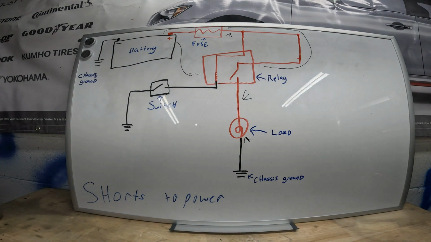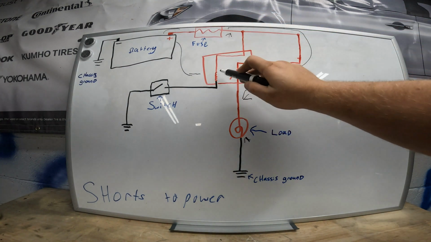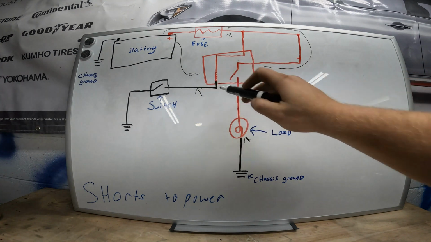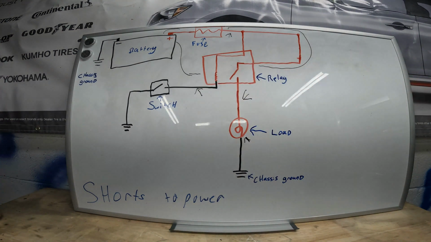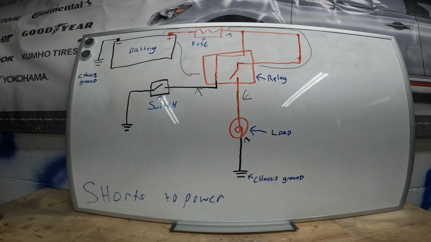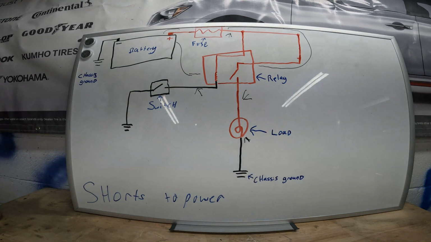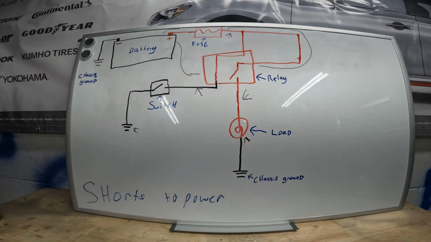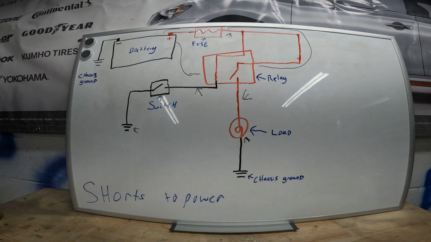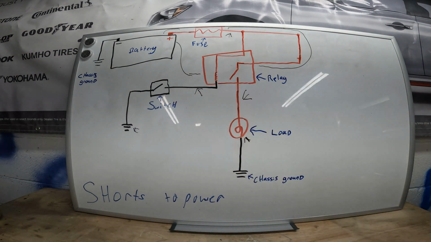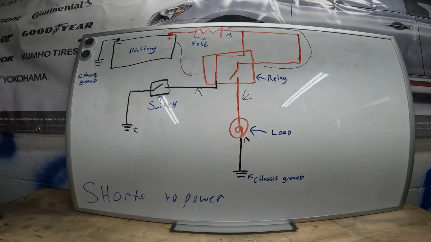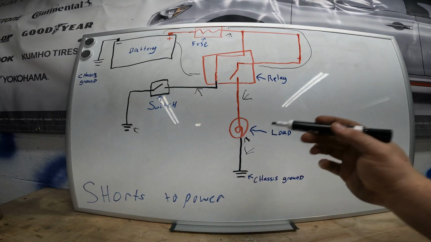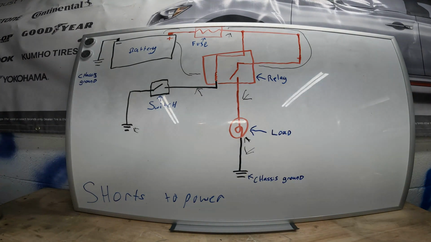If you had a short to power after your load in your relay, here, wherever that power would be coming from would be shorted directly to ground, causing usually a fuse to pop when this switch was commanded. If you had a short to power directly after your load, it would have the same concern.